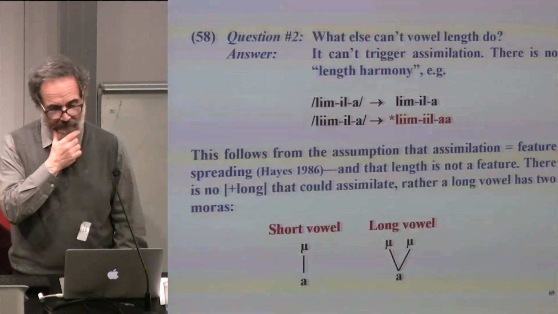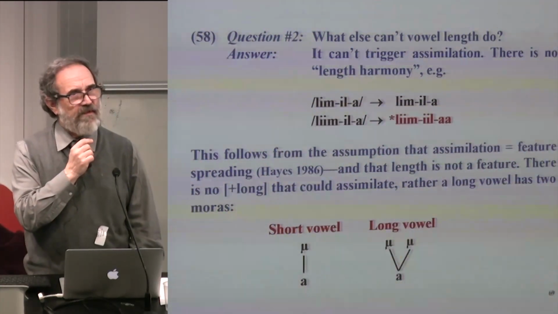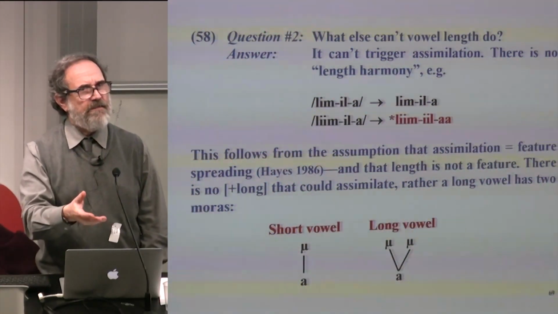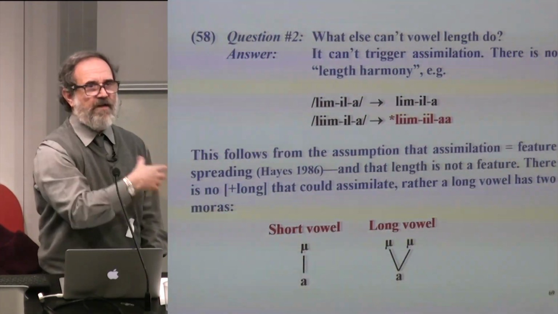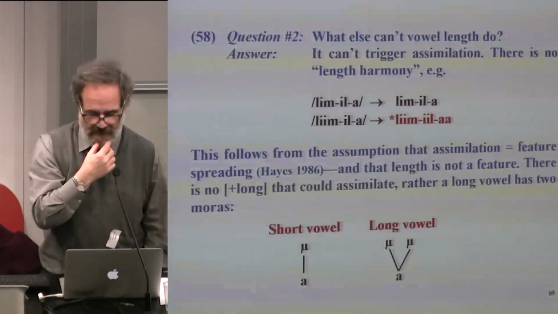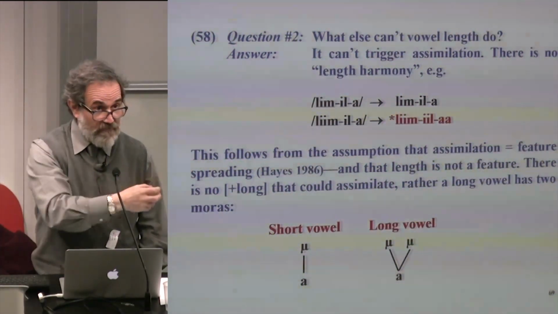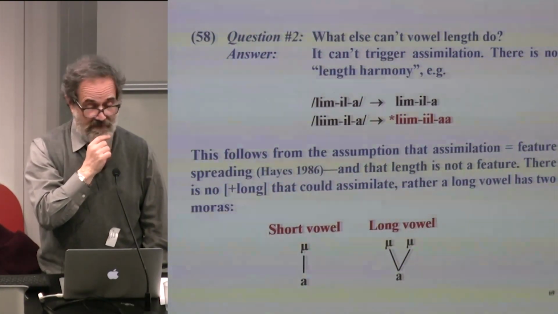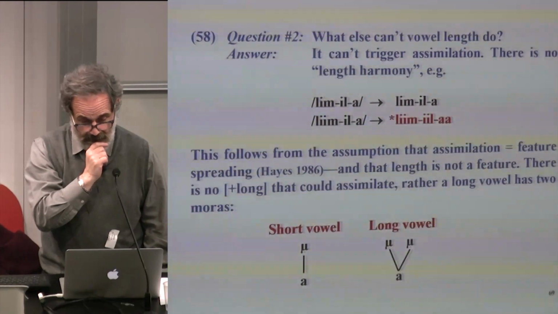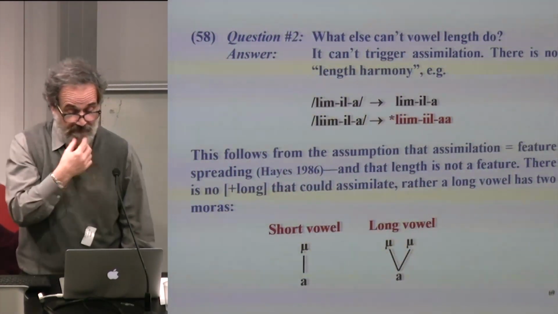Question number two, what else can't vowel length do? Well, it can't trigger assimilation, and I made that point with respect to Ngangela, the one that said we have to have long vowels all the way up to the penult. We're not getting an agreement per se. That is, we're not getting an assimilation. What we're simply getting is this relationship between these syllables. There is no length harmony. So here is what it might look like with Bantu morphemes.